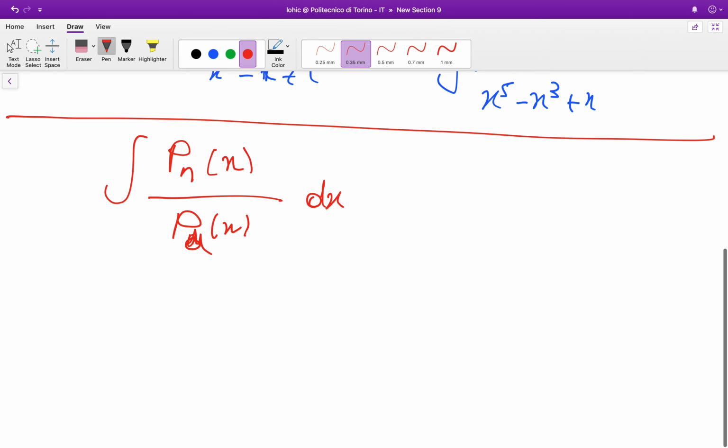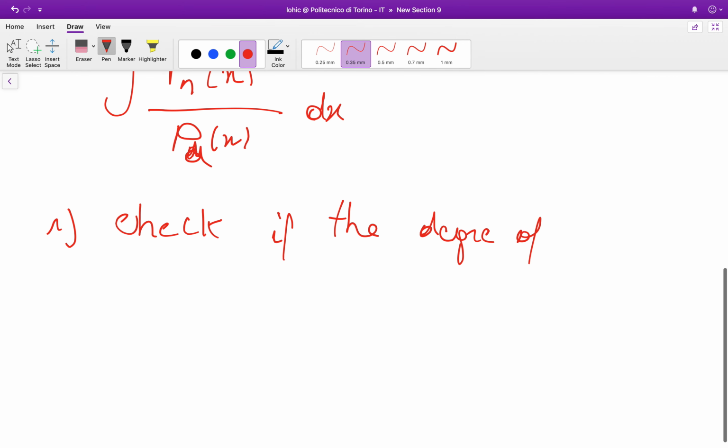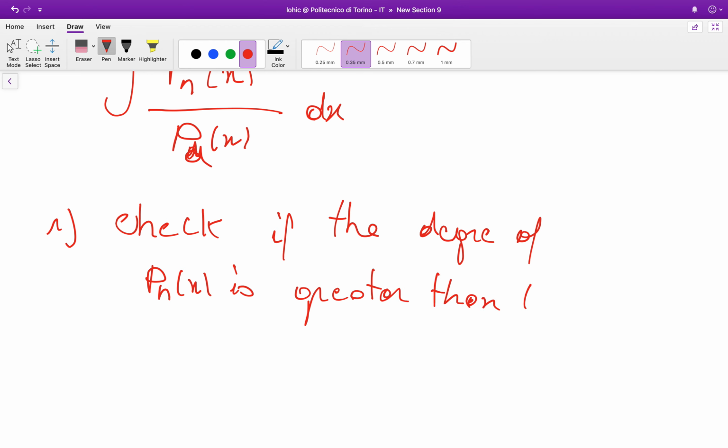The first thing to do is that you have to check if the degree of the numerator is greater than the degree of PD.